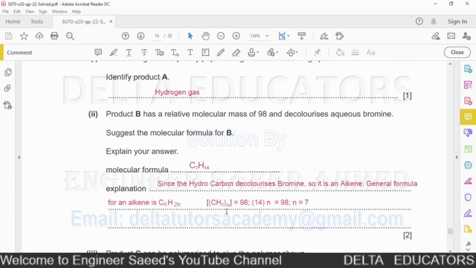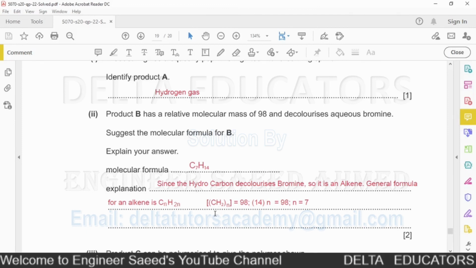Now general formula for an alkene is given as CnH2n. This CnH2n we can write as CH2n. Now here this compound has a molecular mass of 98. So molecular mass of this compound B is 98.